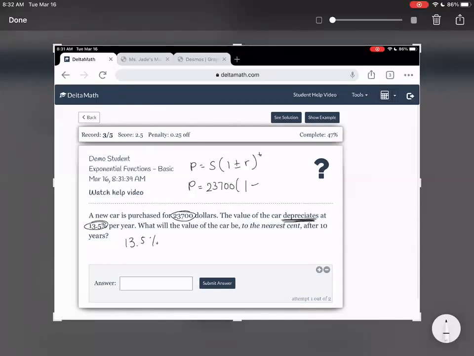Okay, let's convert this to its decimal form. We're going to take the decimal and move it 2 to the left, which becomes 0.135. So I'm going to put that over here in place of the R. And then it's raised to the power of t, so that would be 10 years. So this is what I'm going to type into our calculator. But before I do, are there any questions?